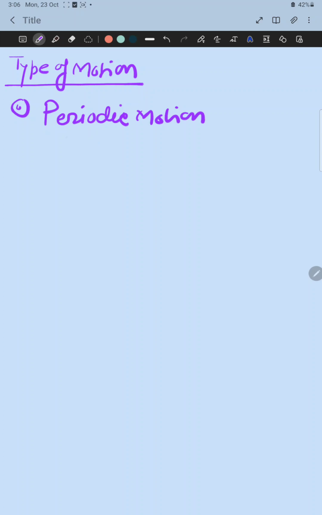Let's take a particle revolving around some fixed coordinate, that is, the center. The famous example is the earth revolving around the sun. So this is a type of periodic motion.